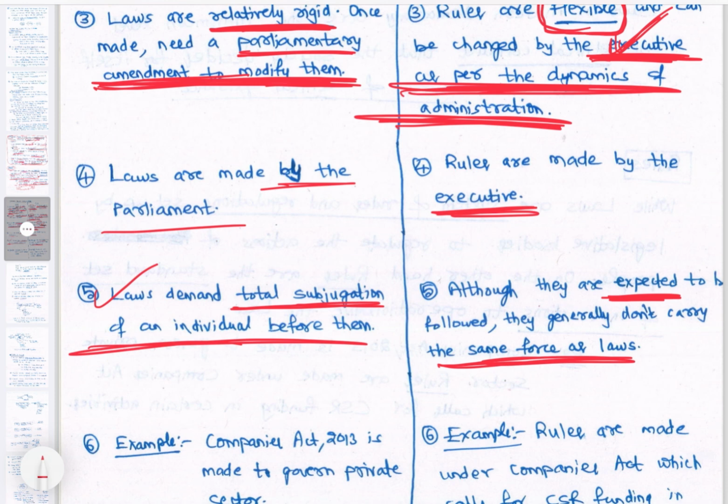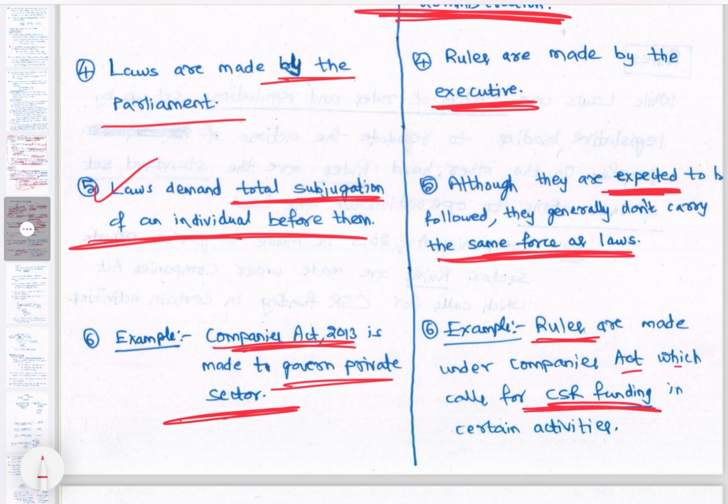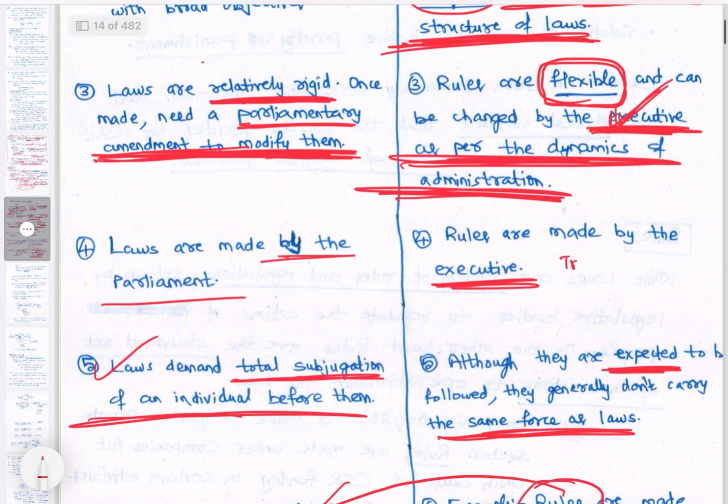Rules are not that rigid, because the basic purpose of rules is to implement laws better, as per the practical needs of society. For example, the Companies Act is made to govern the private sector, and rules made under it call for CSR funding in certain activities, to implement the Act properly. What are rules? For example, traffic rules.